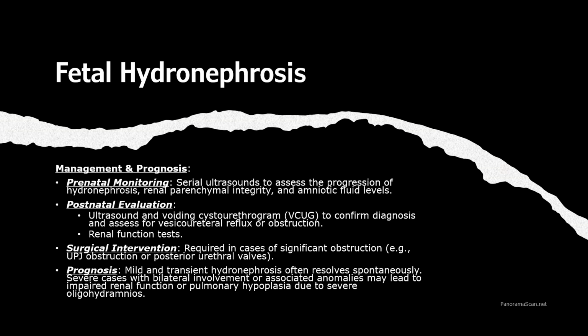Severe cases can lead to impaired renal function or even pulmonary hypoplasia, a condition where the underdeveloped lungs fail to expand properly due to severe oligohydramnios. These severe cases may require more intensive management and interventions postnatally.